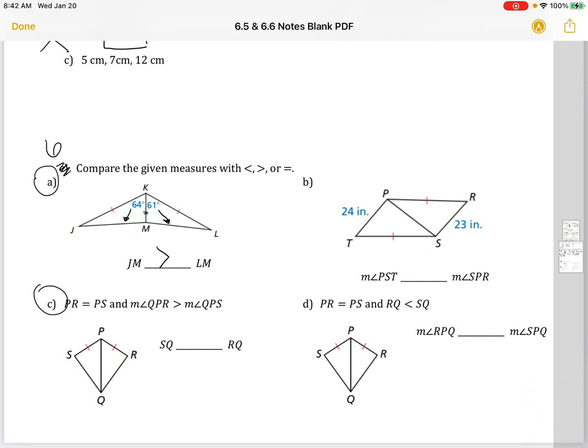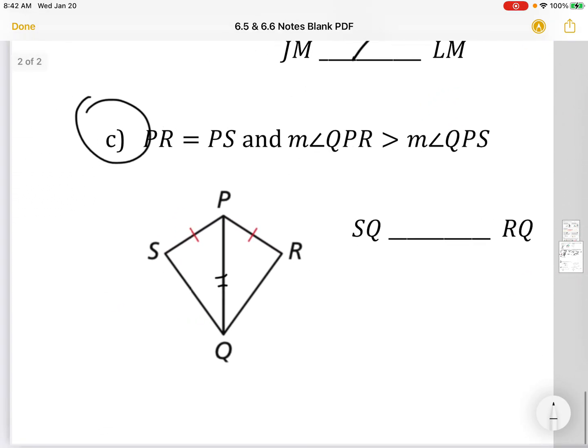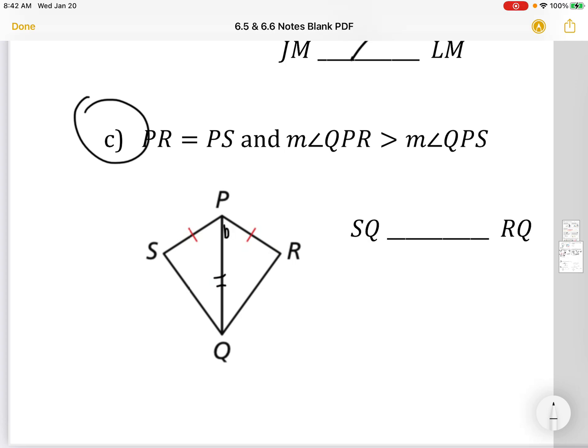Okay, we're told on C that PR is congruent to PS. That's the red tick marks. Put in your reflexive side. And we're given a cryptic piece of information here. We're not given a specific number. We're told that angle QPR is greater than angle QPS.